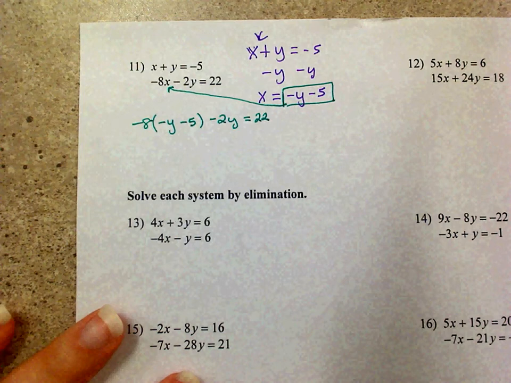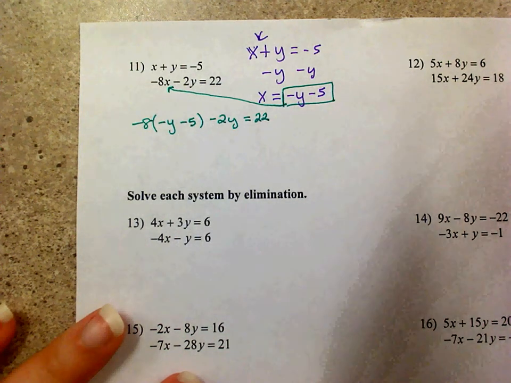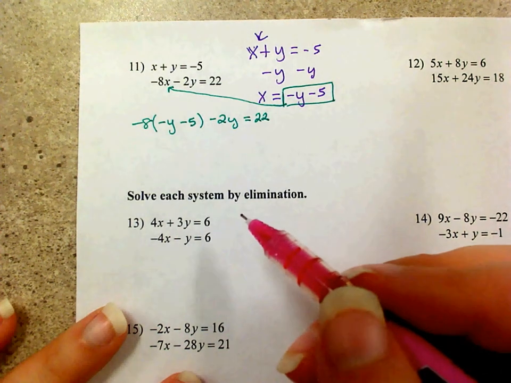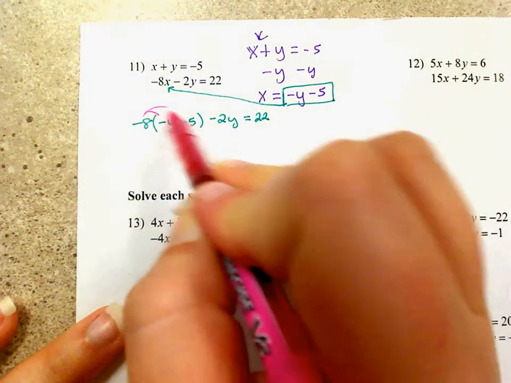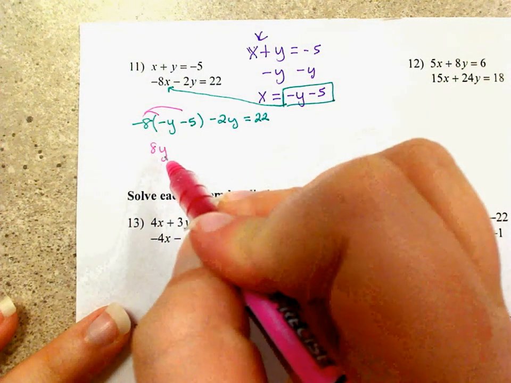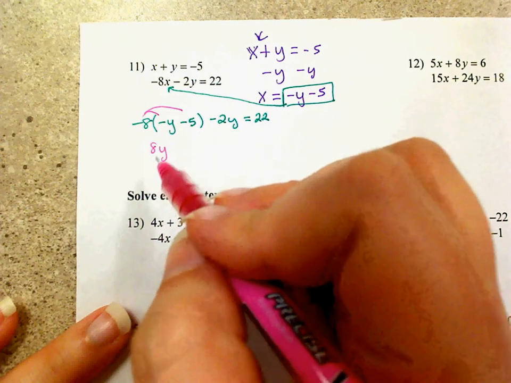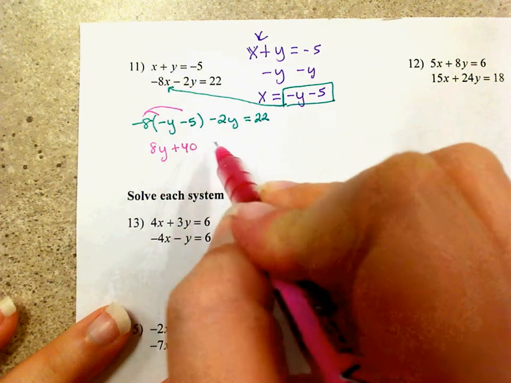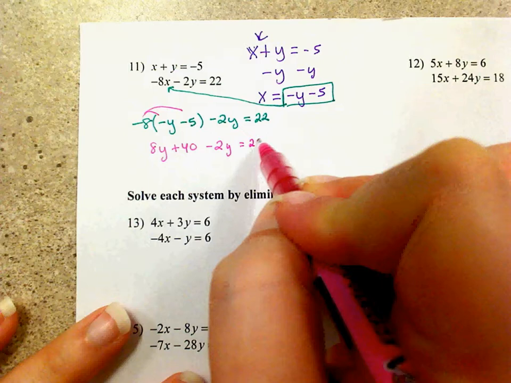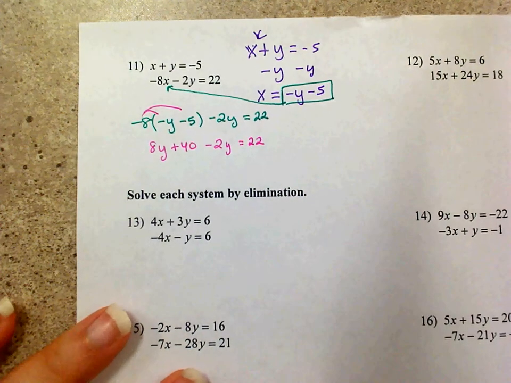Okay, what are you going to do? Distribute my negative 8. So I've got a positive 8y. I've got a positive 40 minus 2y equals 22. Alright, what are you going to do? Combine like terms.